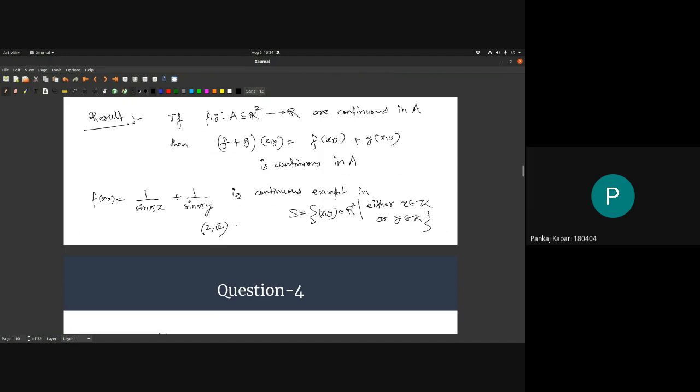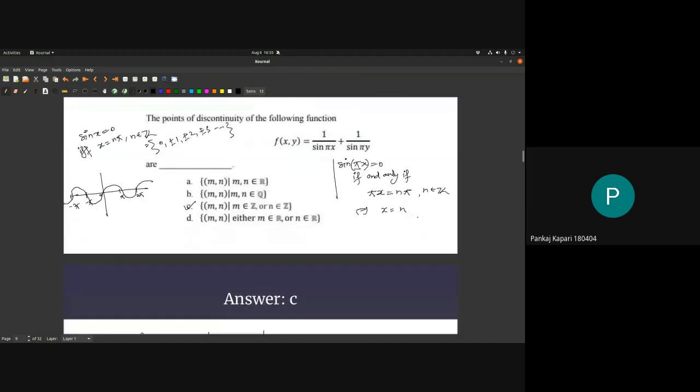One of them has to be an integer, then this point belongs to S. 2 comma 1, these kinds of points belong to S. If you take any other irrational number, e comma 1, these belong to S. But if neither coordinate is an integer, then they don't belong to S. Let's say values like 1 by 2 or 1 by 4, this kind of point does not belong to S. We want that either x belongs to the integers or y belongs to the integers. So in this particular case, the correct answer is C: all those points m comma n where either m belongs to Z or n belongs to Z.